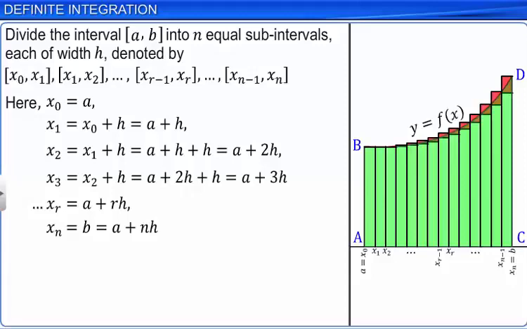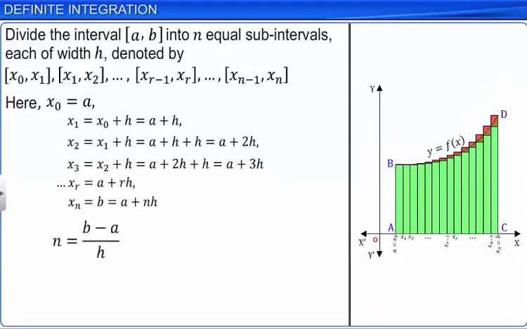As n tends to infinity, b minus a divided by h tends to infinity. This implies h tends to 0. Therefore, region ABDCA under consideration is the sum of n subregions, where each subregion is defined on a closed subinterval.